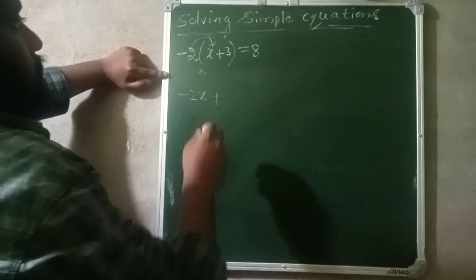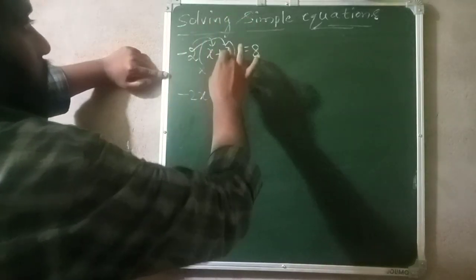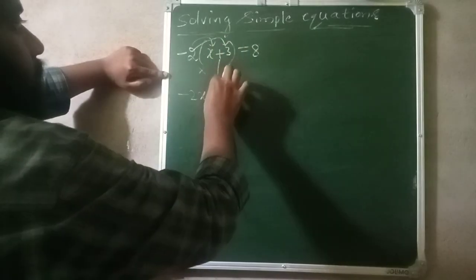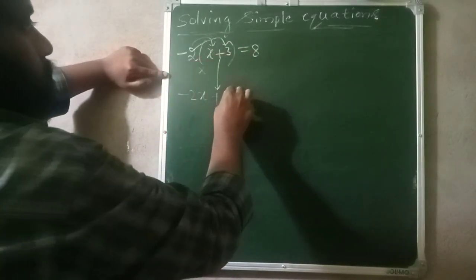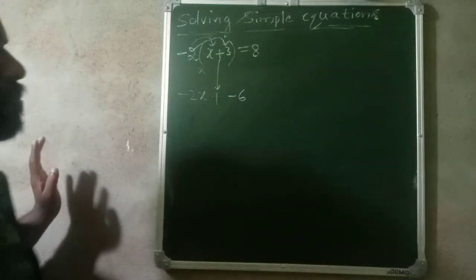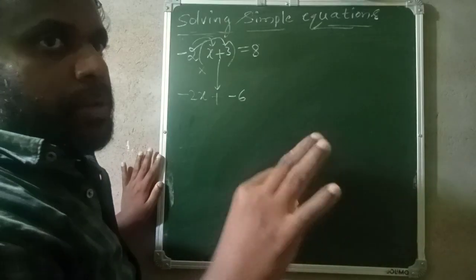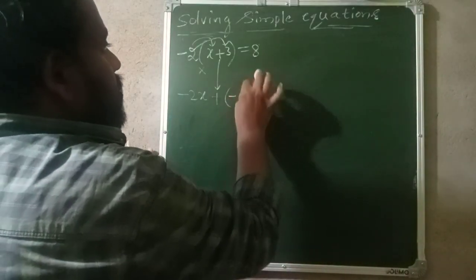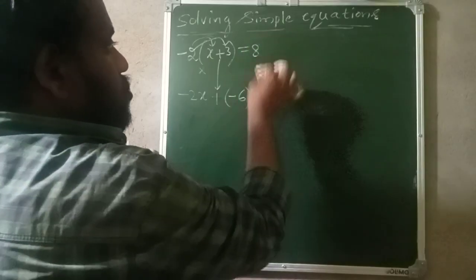Next we have to multiply this minus 2 with 3. Plus is already taken here. So minus 2 into 3 it is minus 6. But two signs should not be just one beside the other. So I will put a bracket for this minus 6. Next is equal to this 8 you write as it is.